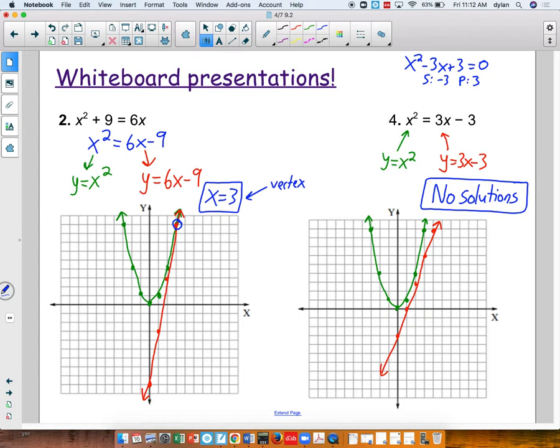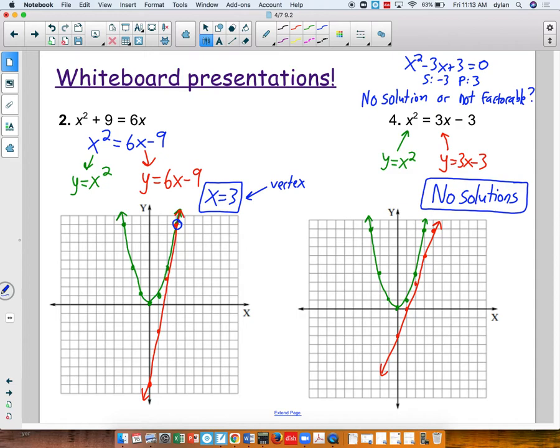The problem is we don't know if this is because there's no solution, or maybe there are solutions, it's just not factorable. And there's no way to tell the difference between those two things without learning some new solving techniques. However, if you use method 2, you can see visually that there's actually no solutions.